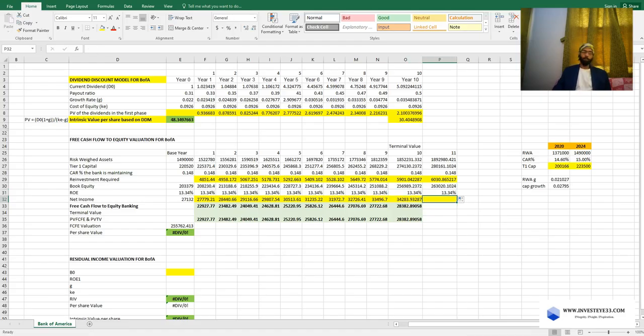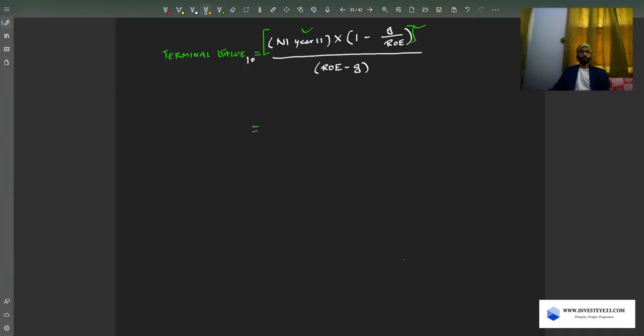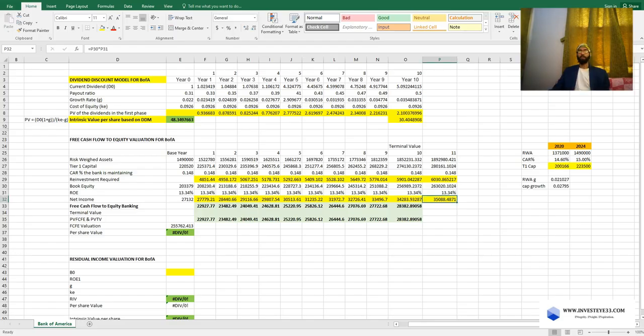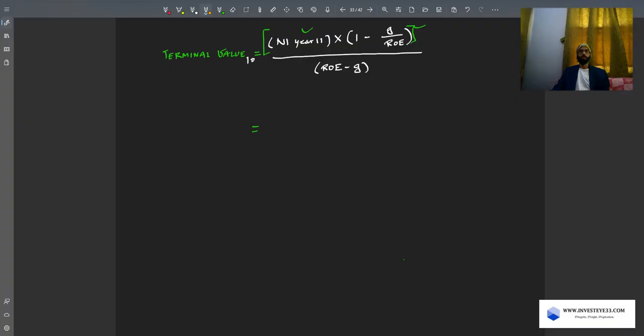Therefore, we get the net income for year 11 also. This is equal to book equity at year 11 multiplied by return on equity at year 11. This is equal to 35,088.487. This is the number for net income at year 11. So we can use this number. Let me check the number once again: 35,088.4871.